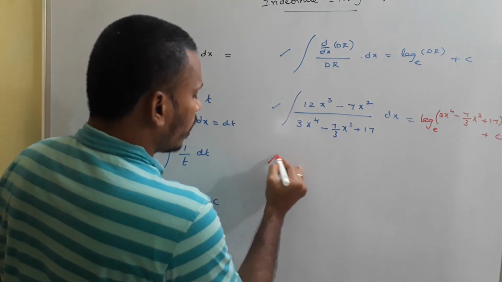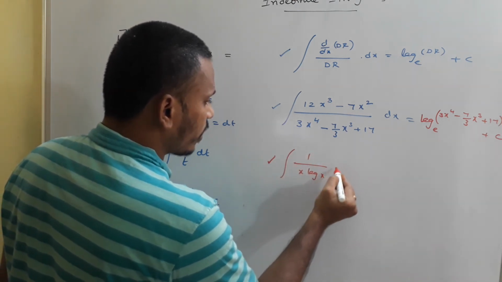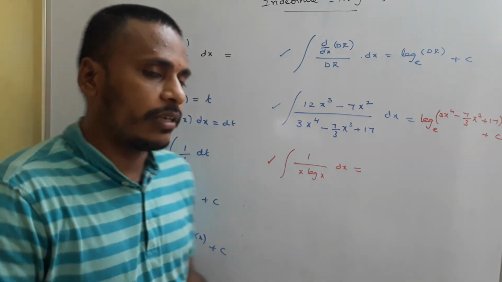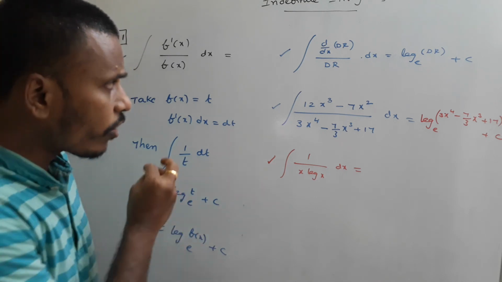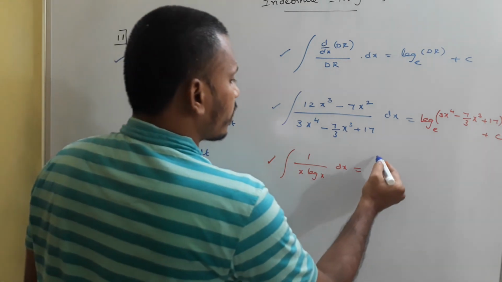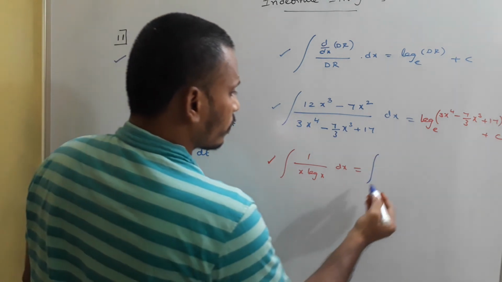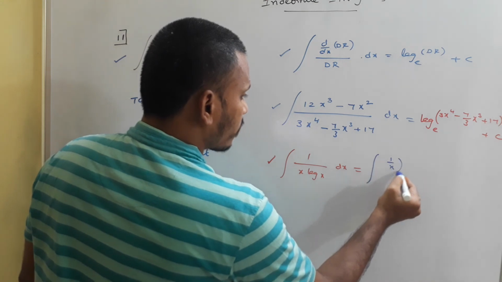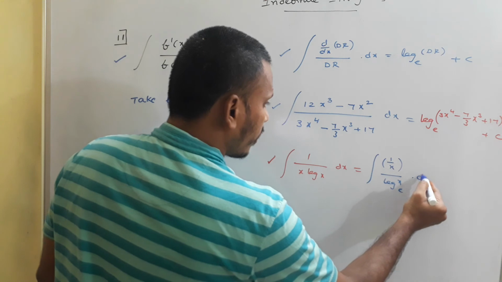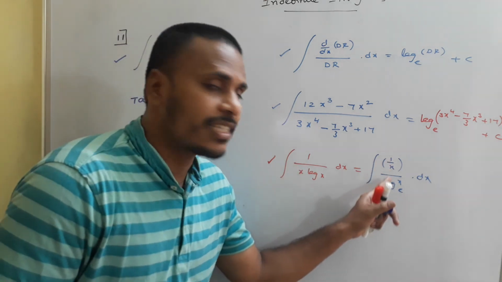I will give you one more: the integral of 1 by x log x dx. How to answer this? Just apply the same format. I will write it as the integral of 1 by x divided by log x dx. 1 by x log x can be written as 1 by x divided by log x.